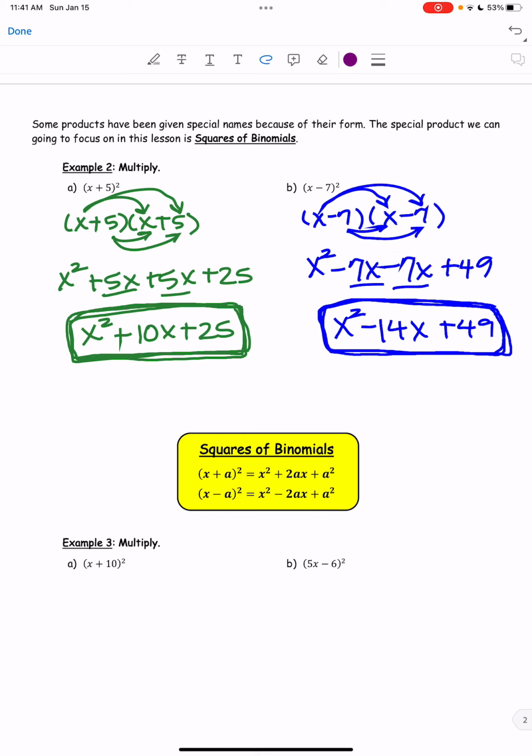Okay. So if I use this formula here, I have x squared, and then this is my a. So for this first portion here, you just have x squared plus 2 times a, which is 10, times x, plus your a squared, which is 100.